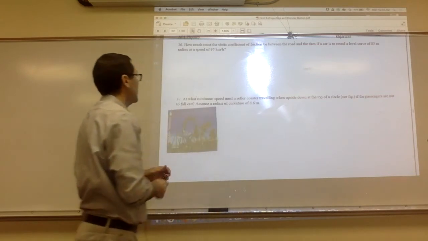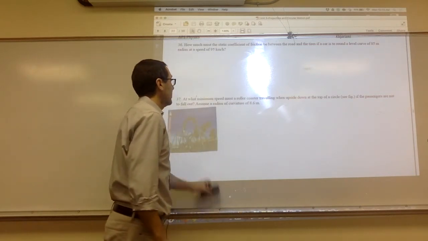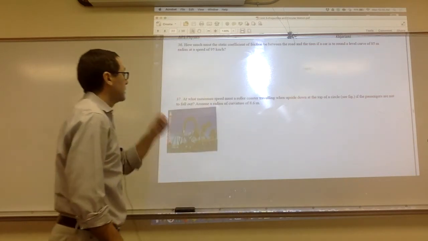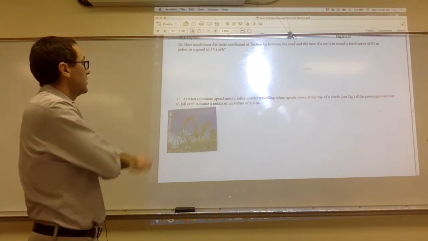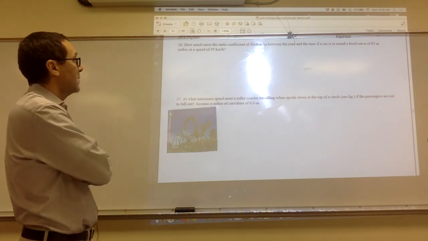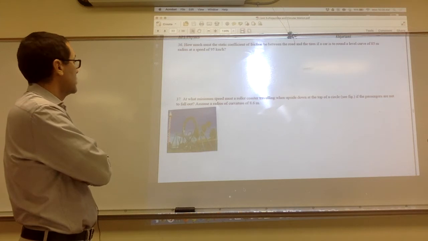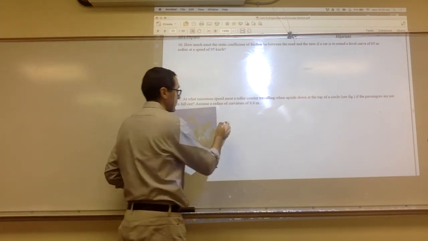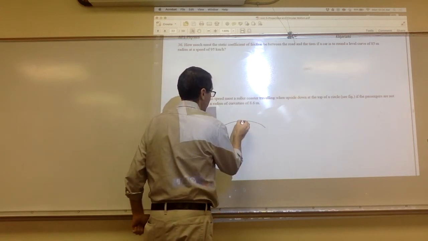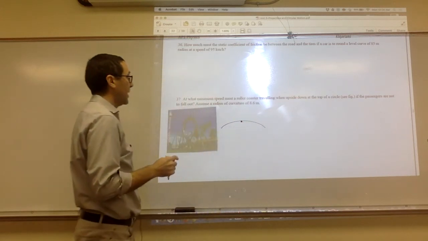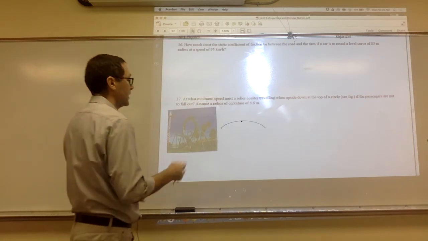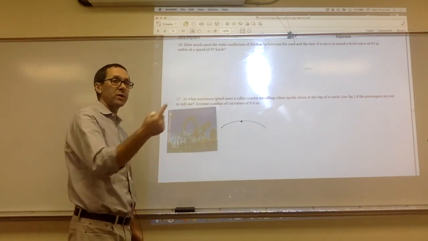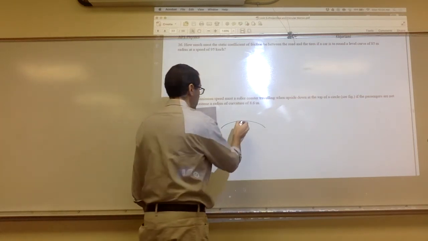Okay. At what minimum speed must a roller coaster be traveling when upside down at the top of the circle if the passengers are not to fall out? So this is how we're going to treat this. We're going to figure out with what speed the passengers will fall, and then we just have to be going at a speed greater than that number.